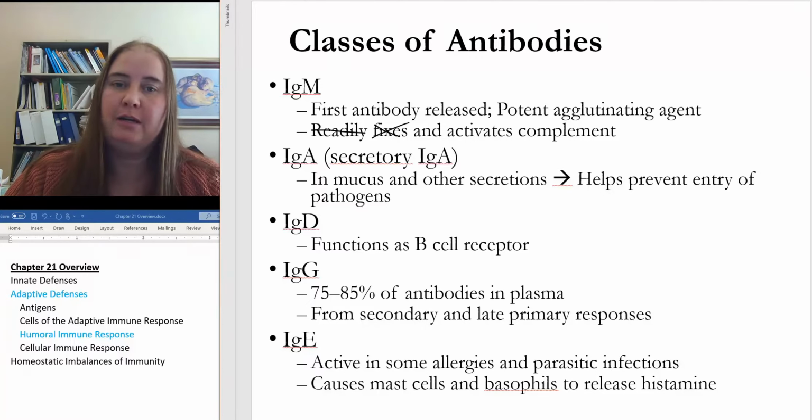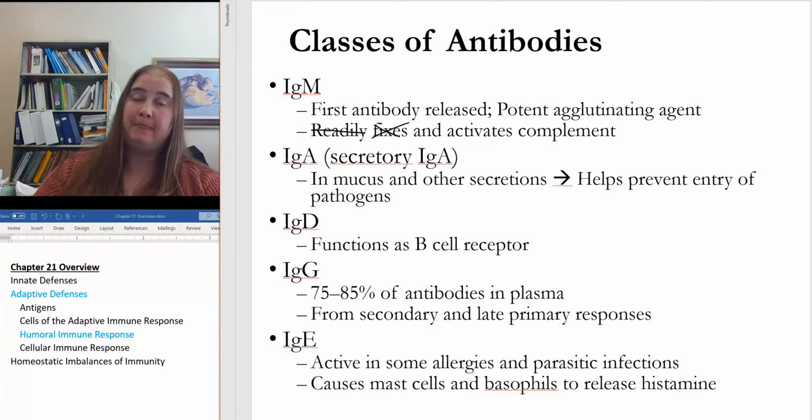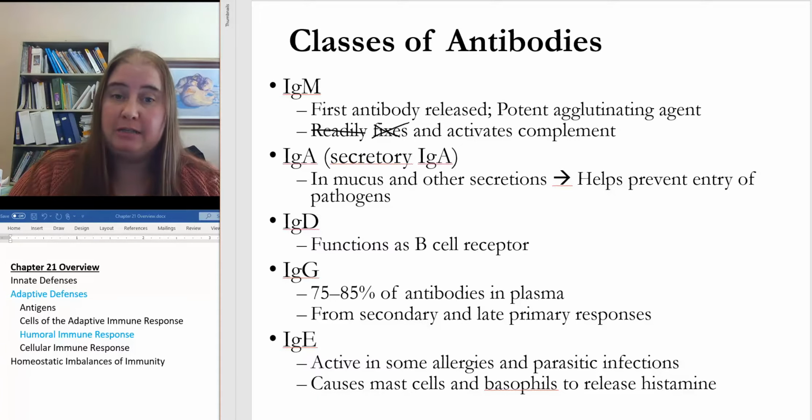IgAs are secreted within our mucus and other secretions. So for example, this is the one I told you is found in breast milk, okay? This helps prevent entry of pathogens into the body itself. IgDs are a type of antibody that functions as a receptor on our B cells. IgGs are secreted and are the majority of the antibodies circulating; we'll typically find IgGs in secondary and late primary responses.